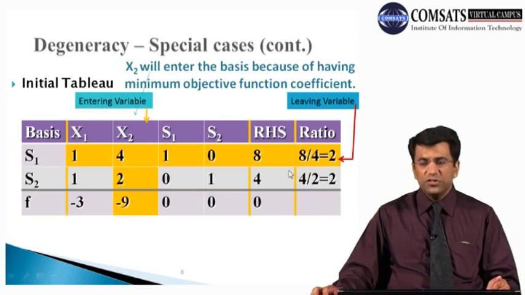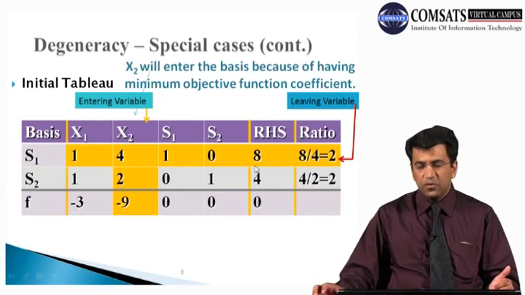But in this particular situation both ratios are the same, so we can take any of these rows as the pivot row, because the values of both of these rows are same. Let's suppose we are taking this first row as the pivot row. You can always take the other row as the pivot row, so there is no difference because both of the values are same.